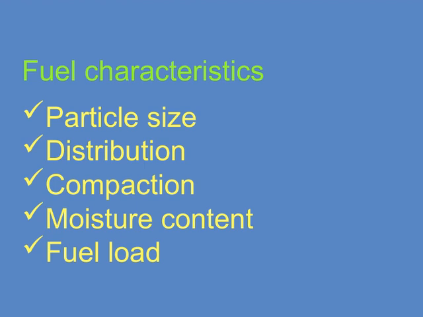The greater the fuel load, the more energy is available for the fire, potentially leading to more intense and longer-lasting fires. All of these factors, particle size, compaction, moisture content, and fuel load, interconnect to influence how a fire starts, spreads, and behaves. Understanding these characteristics helps us better predict fire behavior and develop effective management strategies.